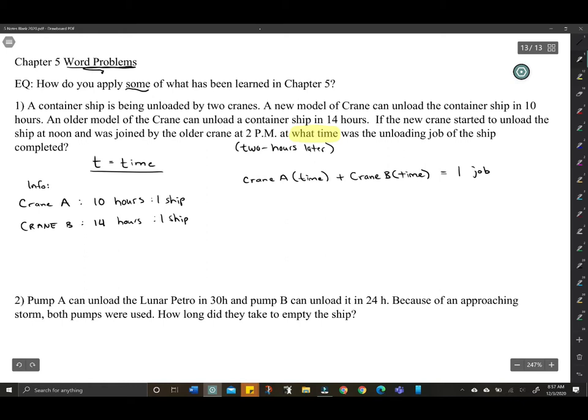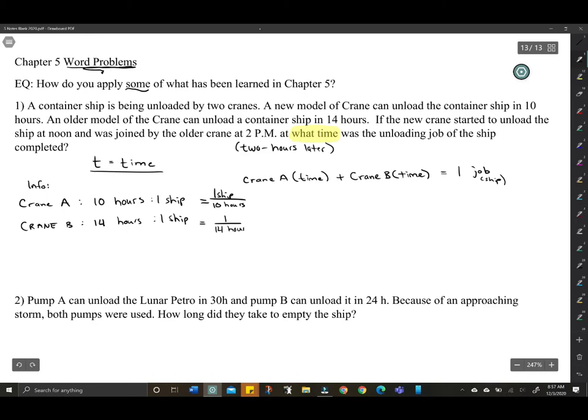So ideally, let's think of crane A as one ship over 10 hours. And we'll think of crane B as it can complete one ship in 14 hours.